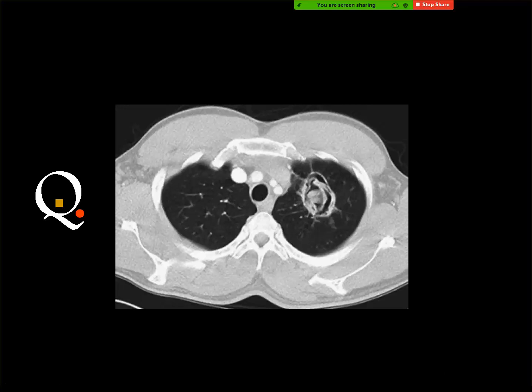Hydatid cyst. Rupture. Ruptured hydatid cyst or fungal ball. Hydatid cyst, I think it has the air fluid level with the wavy water lily sign. It is closer to aspergillosis.